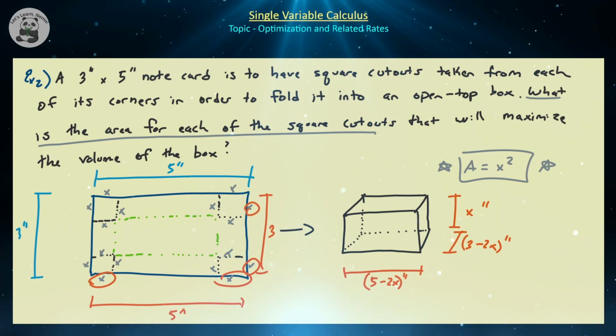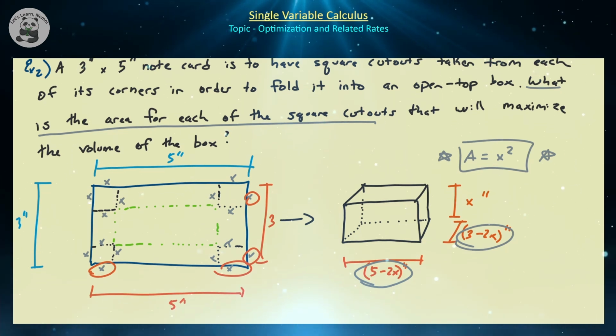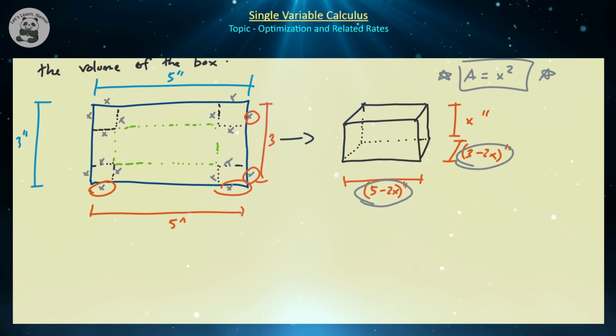Now it's very important to understand that these dimensions cannot be negative. So 5 minus 2x must be greater than 0, 3 minus 2x must be greater than 0, and x must be greater than 0. Obviously, if x is equal to 0, then you don't have a box. Therefore, we mandate the following restrictions to our problem. So our engineering restrictions are as follows.